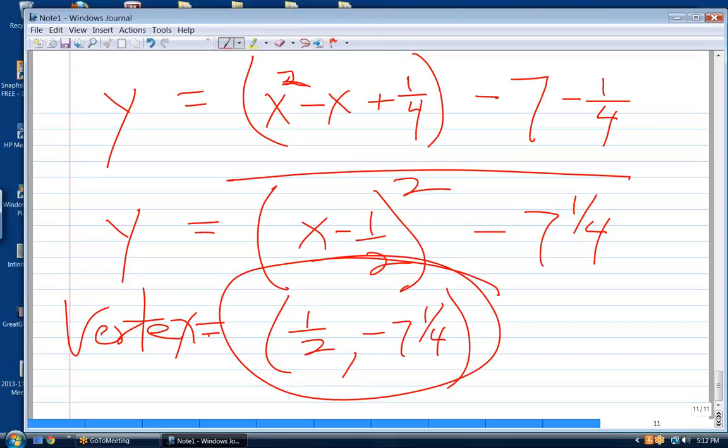And when you get to conic sections, which will be coming up this year, circles, ellipses, hyperbolas, all of those use completing the square also. So completing the square is actually used in 3 different situations that I can think of. We've just covered 2 of them tonight.